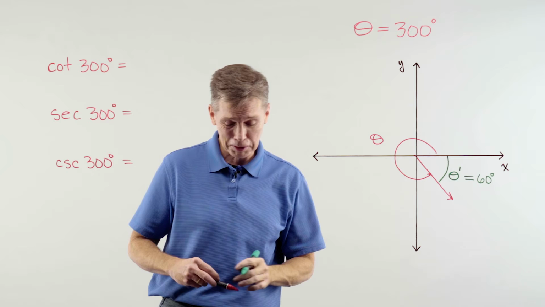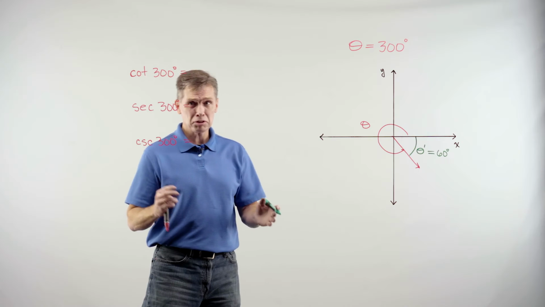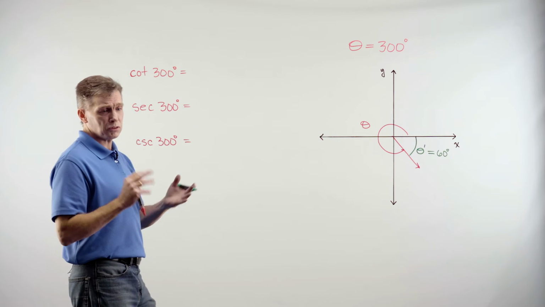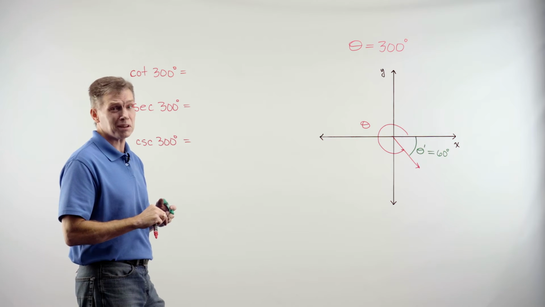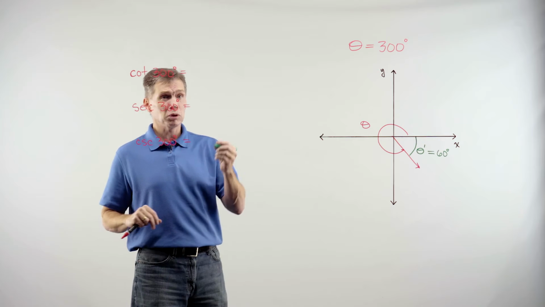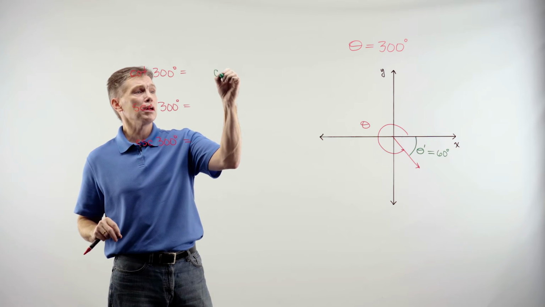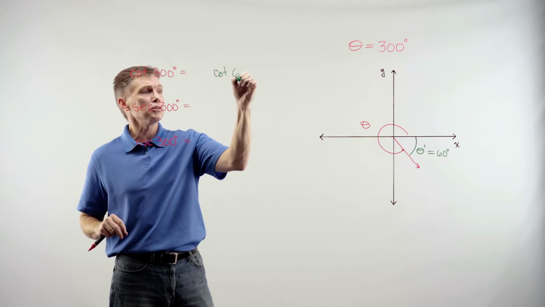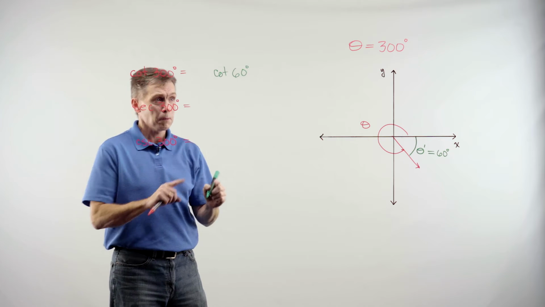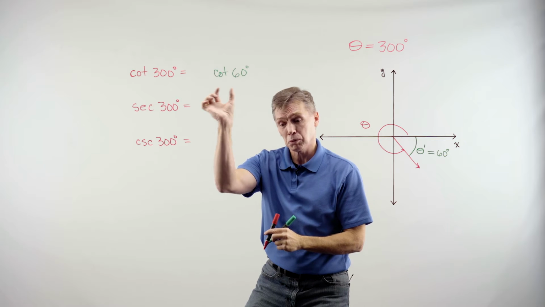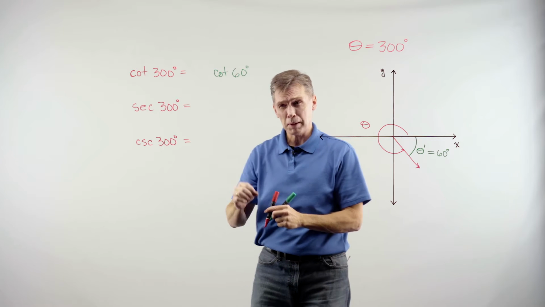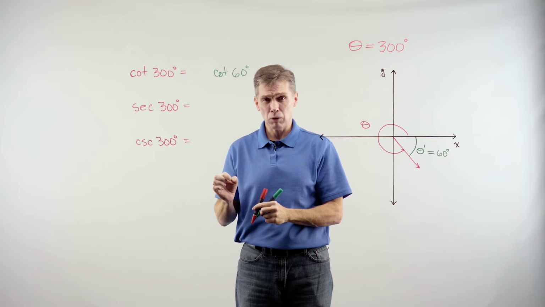This is what's important: now we're going to come back to these trig functions that they're asking of us for 300, cotangent of 300 degrees. And we're going to realize that that's the same as the cotangent of 60 degrees, except I'm going to leave a blank in front, because what I have to decide yet is whether there's going to be a minus sign in front of that or not.